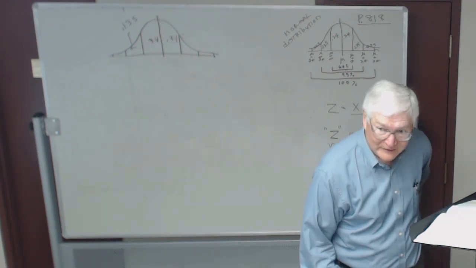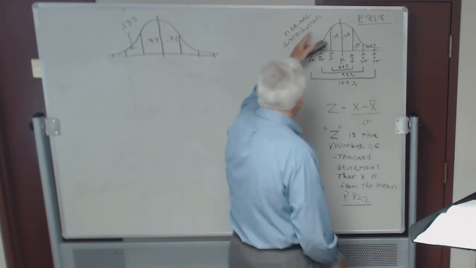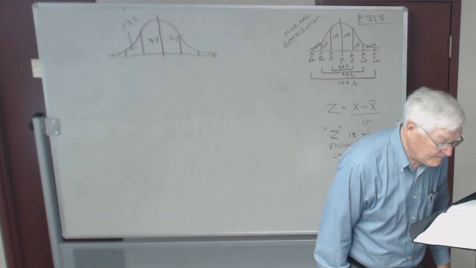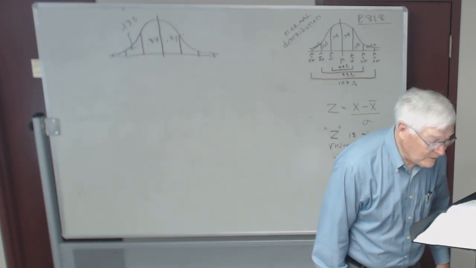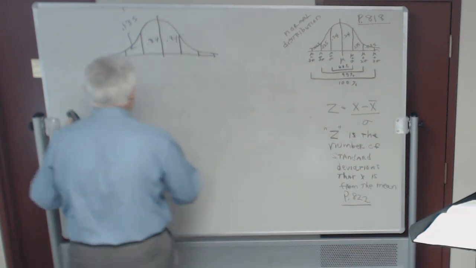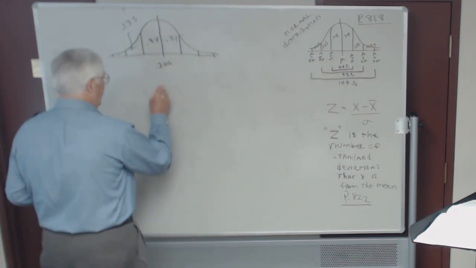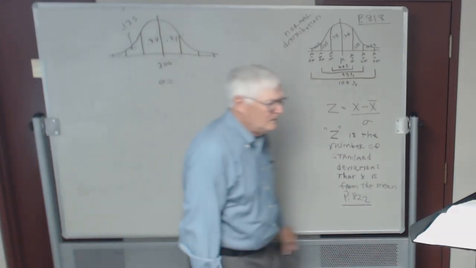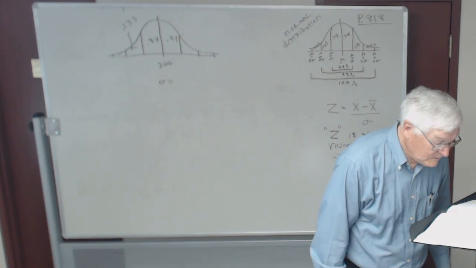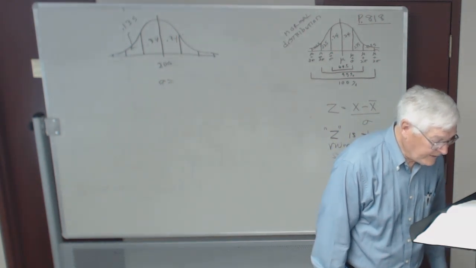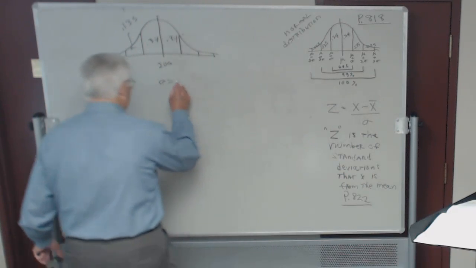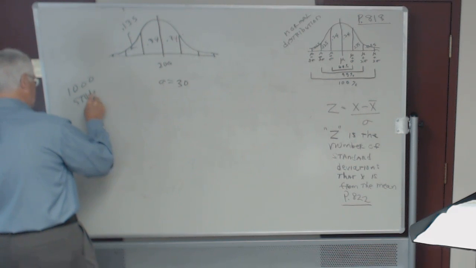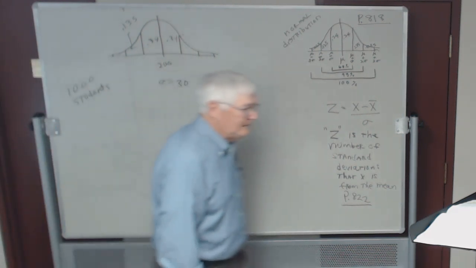See that key operative phrase there? Normally distributed means it fits this pattern here. With a mean of 200, so I put 200 right here, and a standard deviation of what? 30. And I had 1,000 students. Isn't that what they told me?